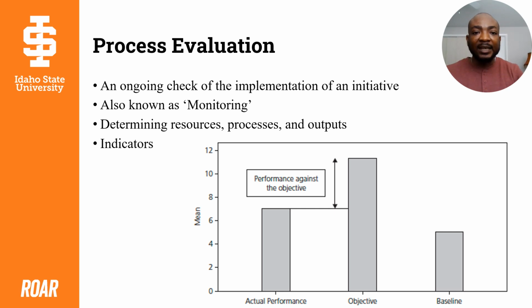So another consideration in process evaluation is determining the resources, the processes, and the outputs. A process evaluation generally measures resources, activities, and outputs as they pertain to the implementation of the initiative.